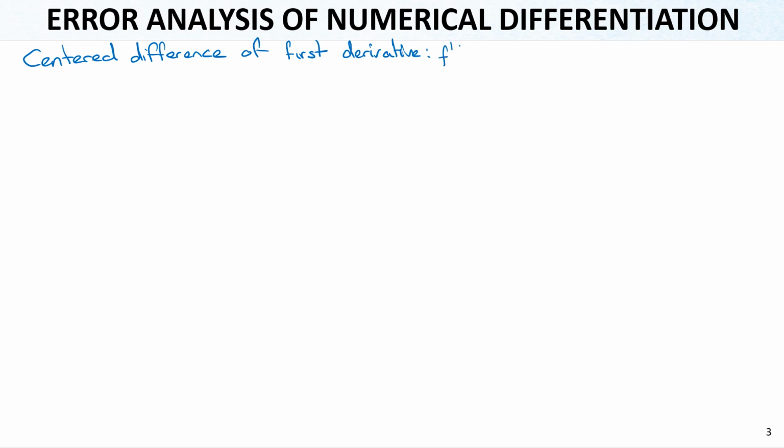This is known as f'(xi). The derivative is actually just the xi plus 1 function value minus the xi minus 1 function value divided by 2h.